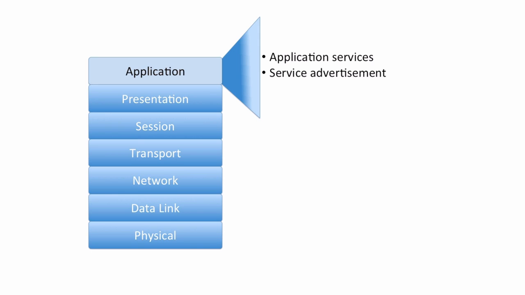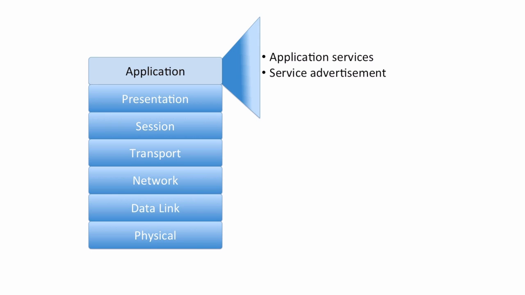Now, what about service advertisement? Here we're making a network resource known to devices on the network. For example, let's say that we had a shared printer and we wanted that shared printer to be available to our network clients. Well, that shared printer could make itself known using some sort of service advertisement protocol, announcing itself.